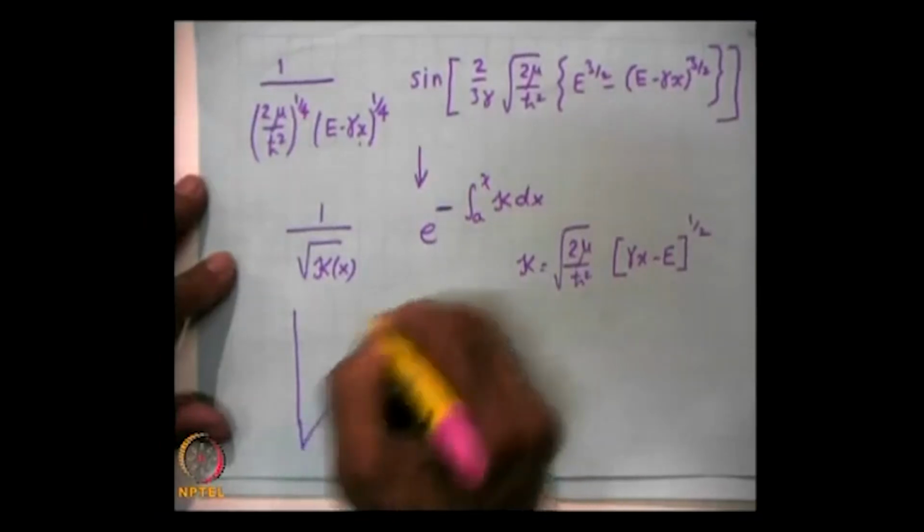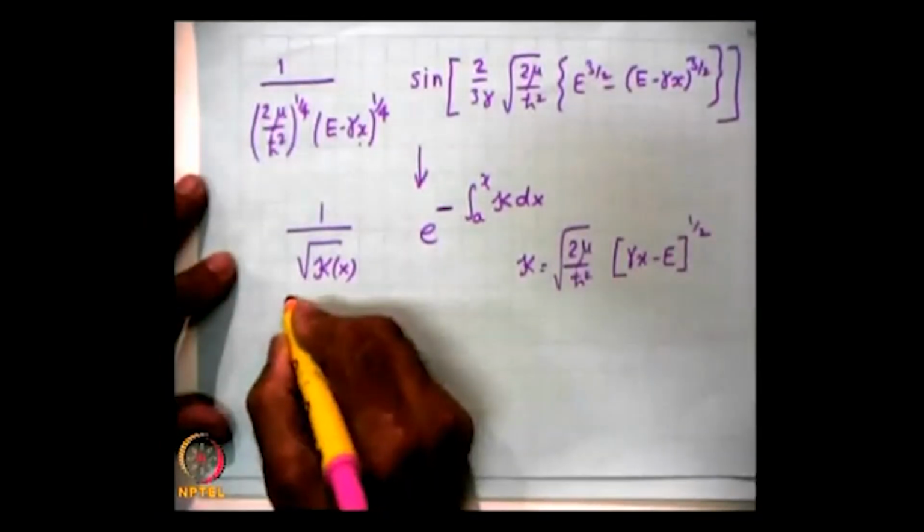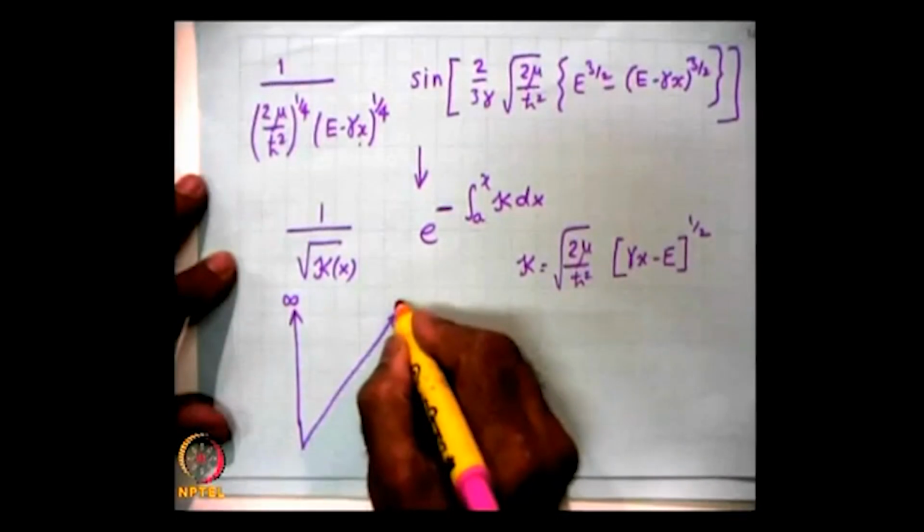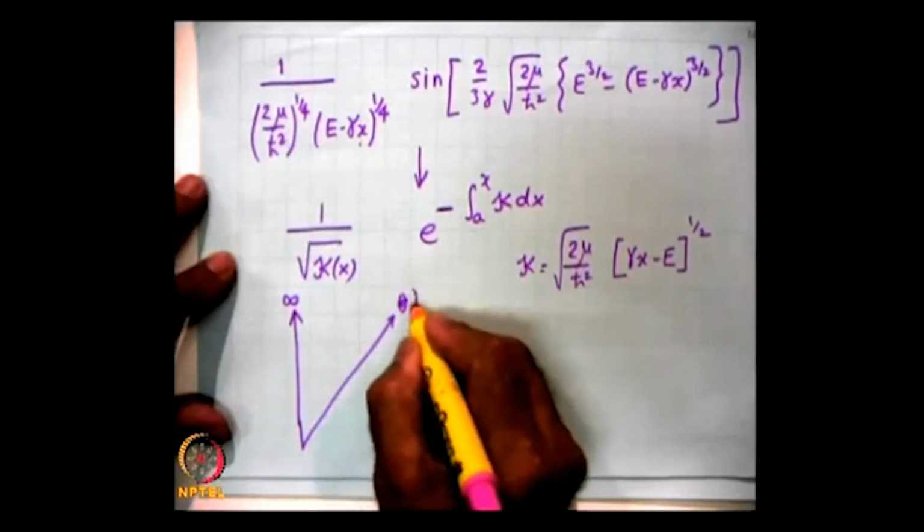So the wave functions are very easy to determine, but for this particular problem, as I mentioned to you, the potential is like this. So this is infinity and this is 0 and this is gamma x.